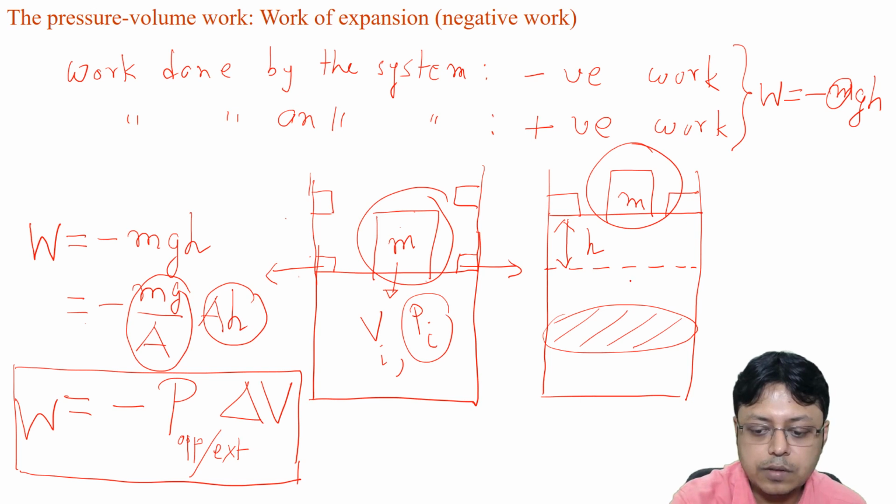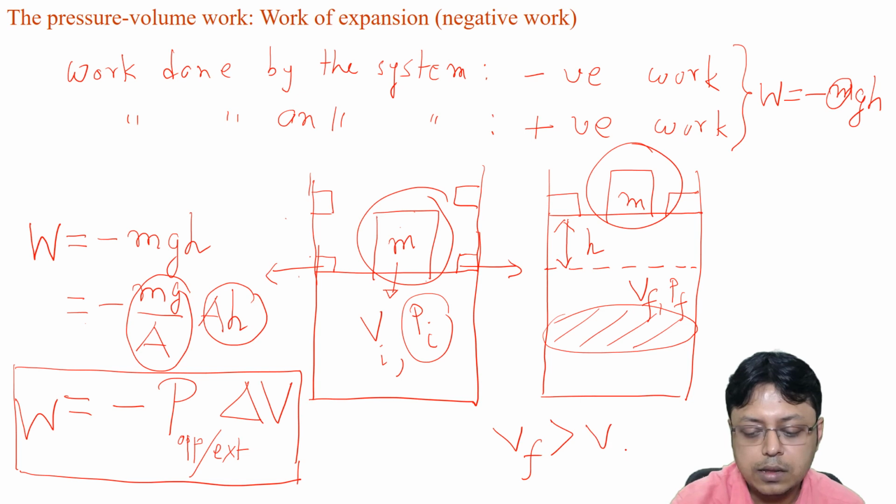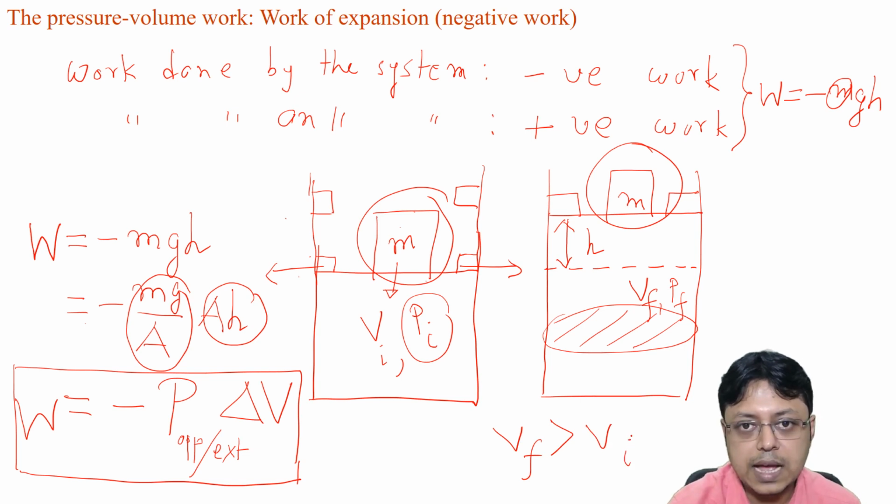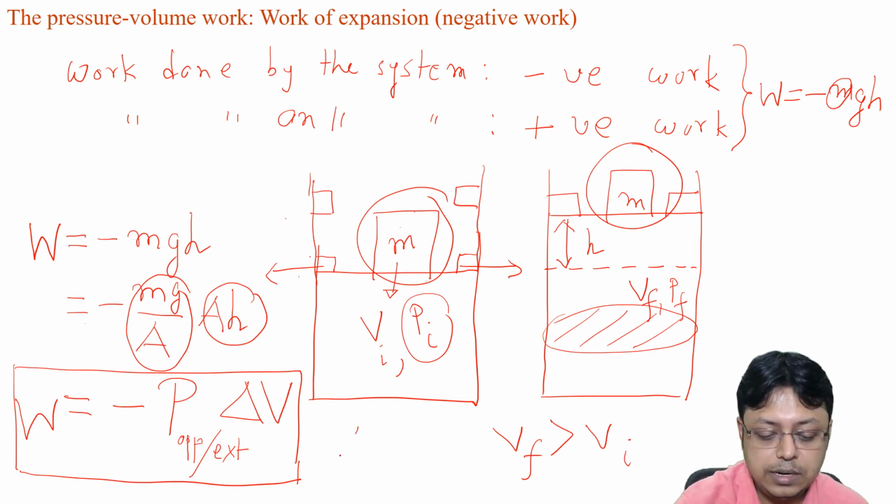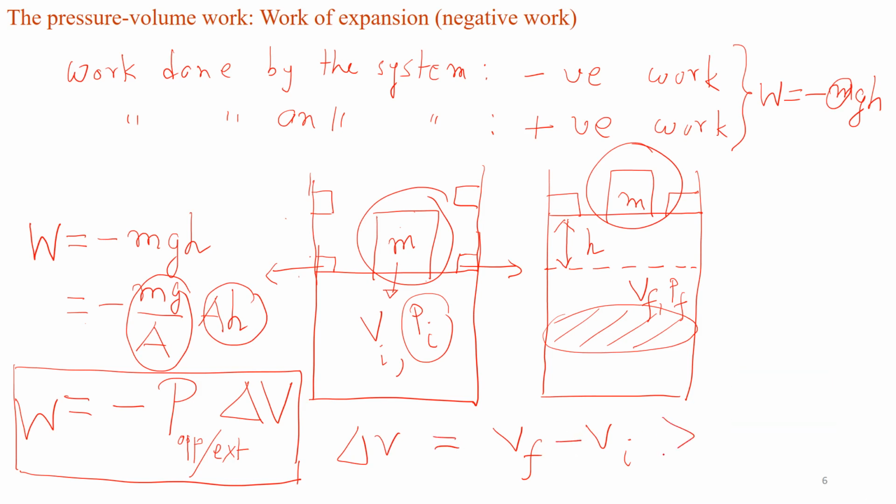Now suppose the final volume we denote as Vf and the final pressure as Pf. In this case, of course, Vf is greater than Vi because the gas has expanded. So delta V is nothing but Vf minus Vi, which is greater than 0, which means the work done here is negative.